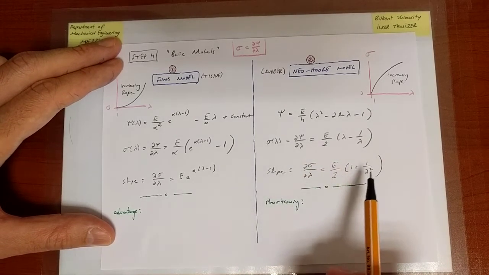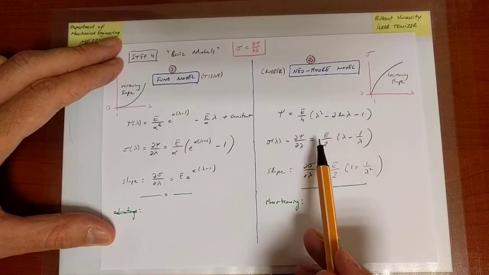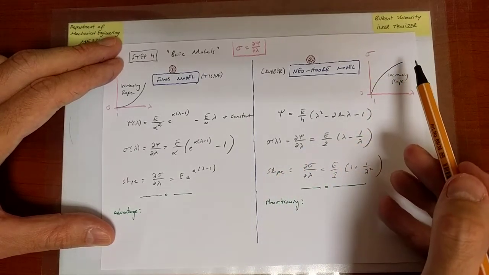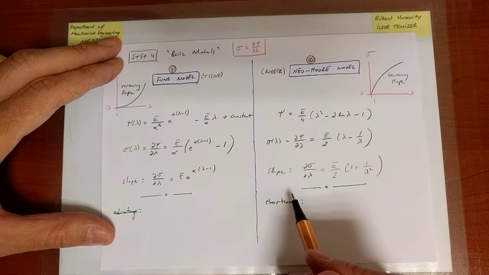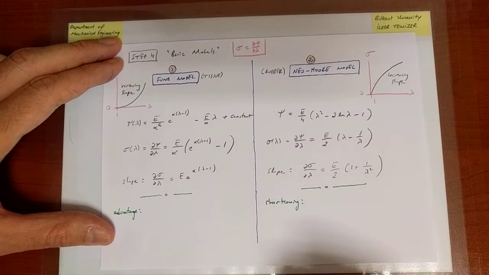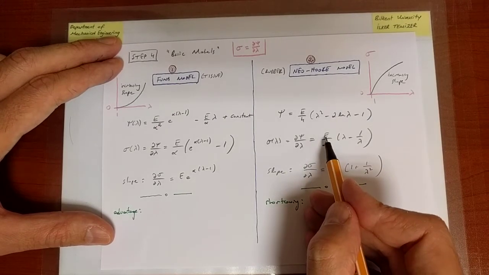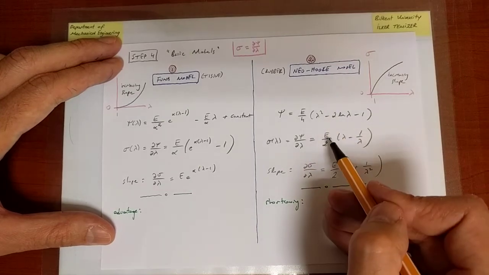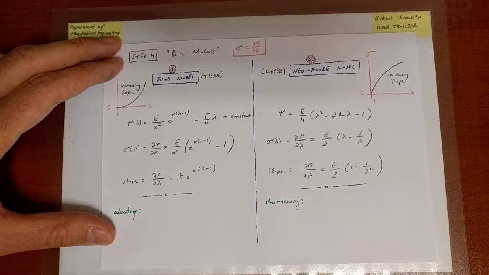Notice eventually that my form of the stress versus stretch curve should be such that I should be able to fit the data that I get from experiments. So to fit the data, I should have some free parameters. But here, I only have the Young's modulus, which is not a parameter that pertains to large deformations. I can already do a small deformation experiment and determine what the Young's modulus is.